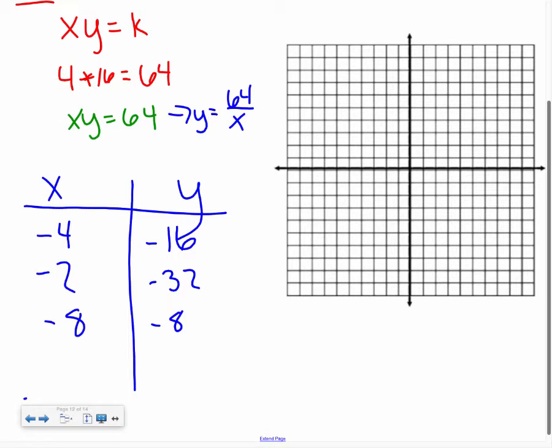Okay, so I have a few options here. If I adjust my scale, I can say that these are going by 2's in the x direction. So -2, -4, -6. Or actually, we can leave the x scale alone. So this can be -2, -4, -6, -8.